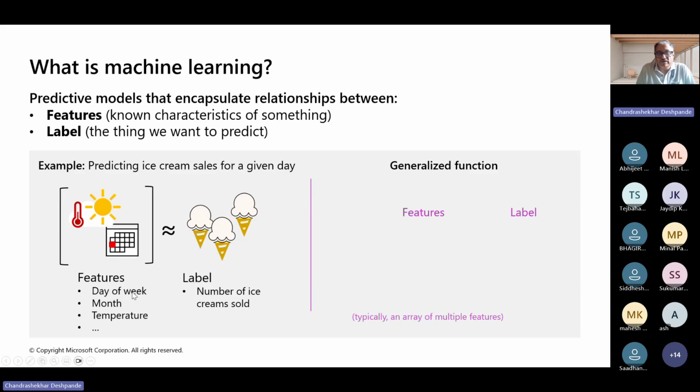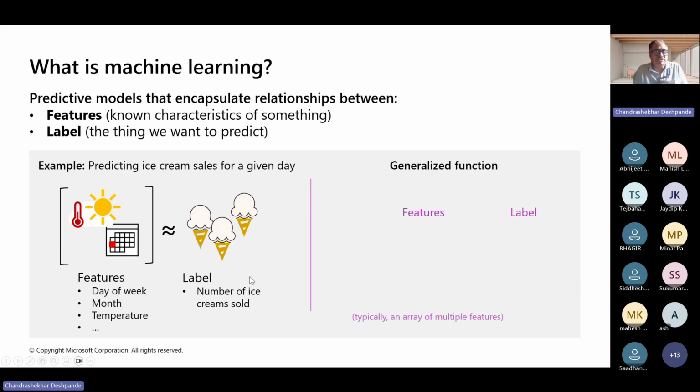Now this is historical data on previous Mondays: how many ice cream cones were sold, in what month, what the temperature was on that day, and how many ice cream cones were sold. This is the information we will use to train the model. Thereafter, it will be able to do the prediction for tomorrow.